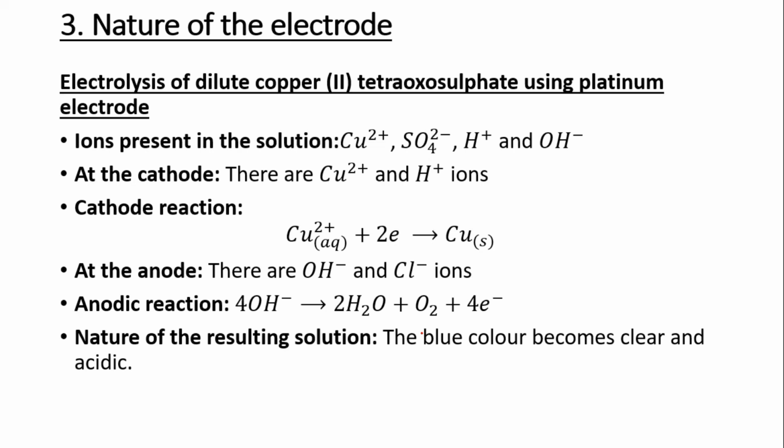I mean that when the anode or the cathode is a metal in which the electrolyte is the solution of its salt. For instance, if you are doing the electrolysis of copper sulfate solution, this solution is copper sulfate, and you are using copper electrodes, as the anode and as the cathode, then these electrodes will be active.